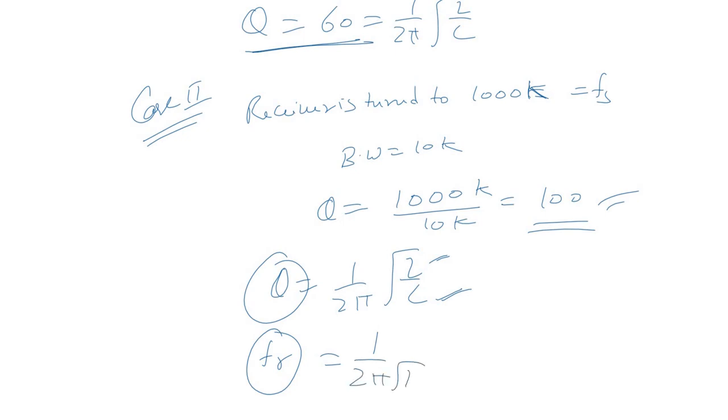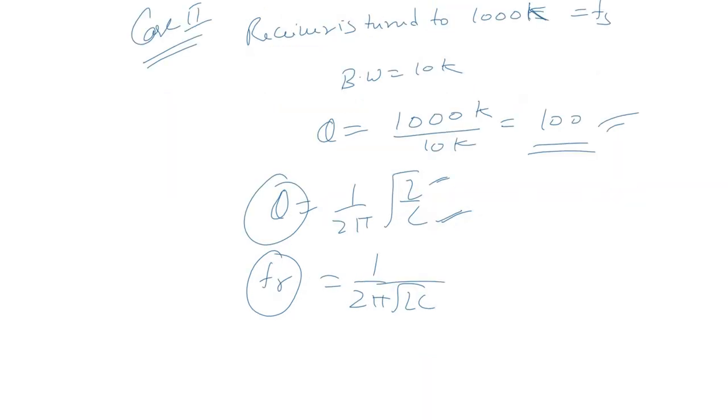The point is, it is really difficult to achieve such a large quality factor. The optimal value of quality factor is in the range of 50 to 70.